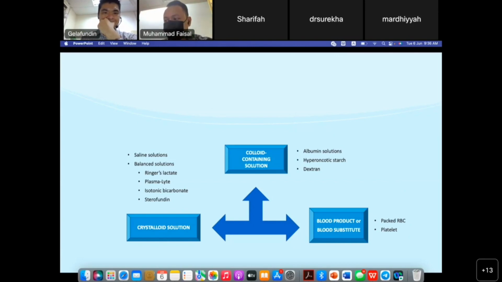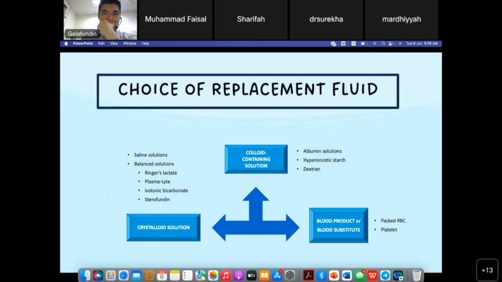Then we have colloid-containing solutions such as the albumin solution. We have 20% and we can dilute it to make it 5% or 4%. And there are hyperoncotic starch, for example, and also dextran. And we also have blood products or blood substitutes such as platelet, cryo, FFP, and then packed cells.